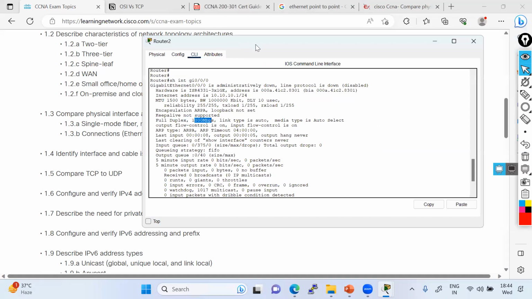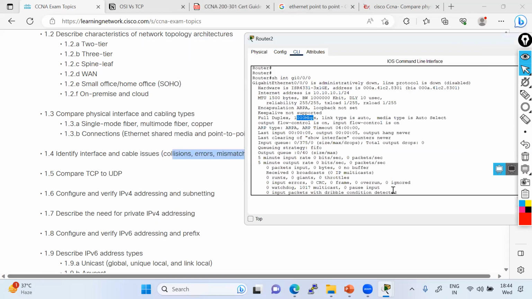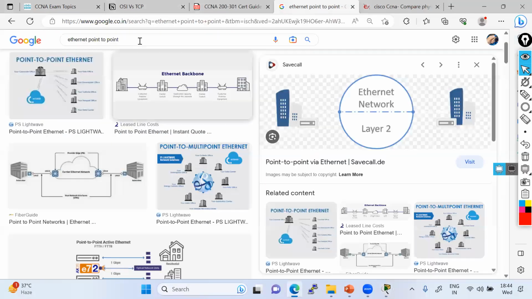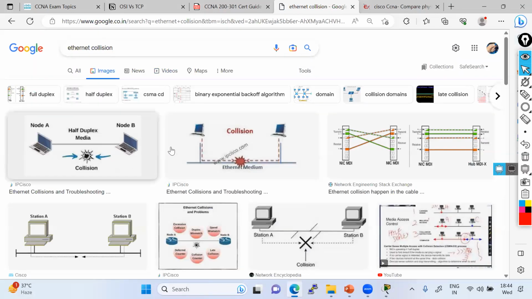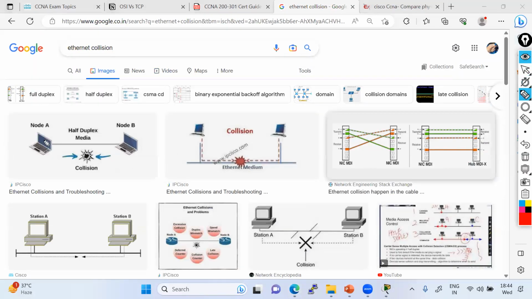So an interface can have collisions. What is a collision? Maybe I'm sending traffic, right? I'm sending the traffic and someone also sends traffic at the same time. So I'm sending the traffic from here and someone also sends traffic at the same time, then it's a collision. The traffic gets collided, right?